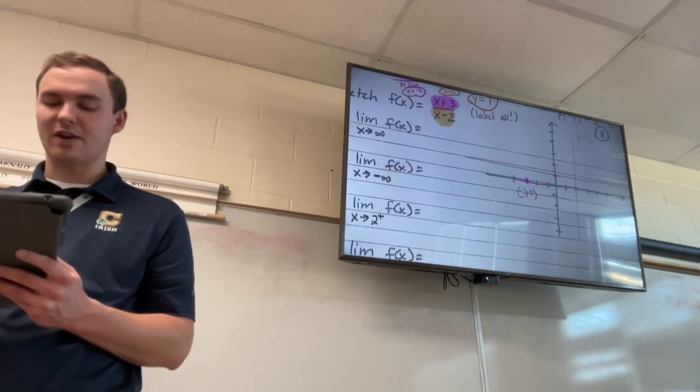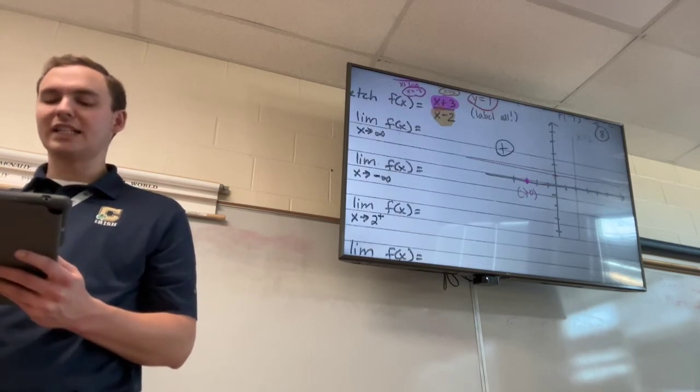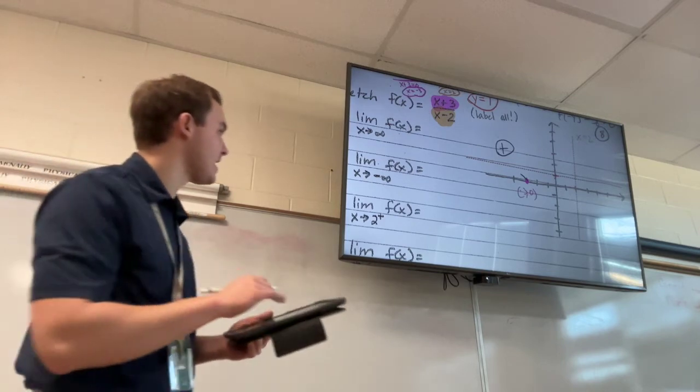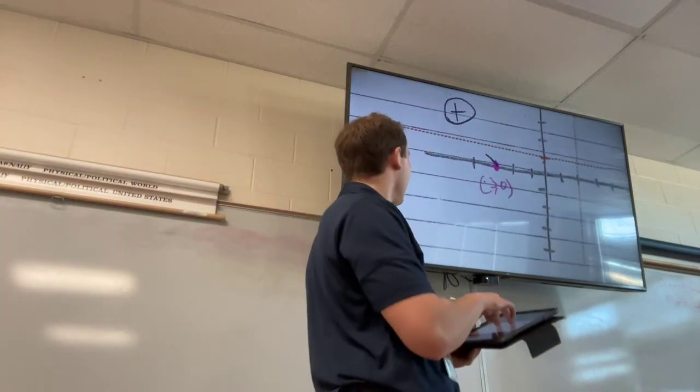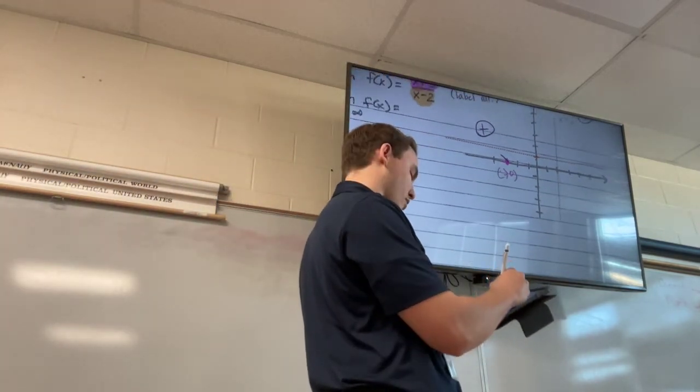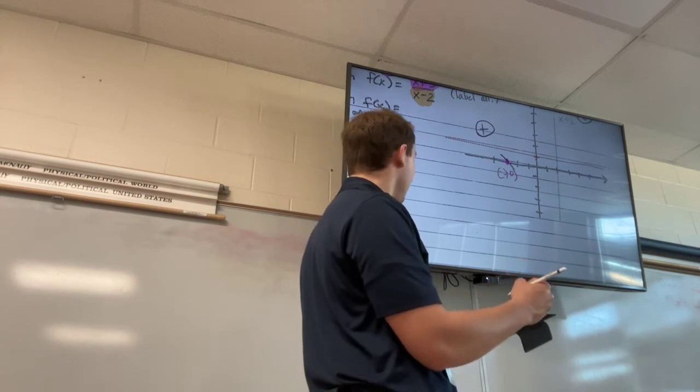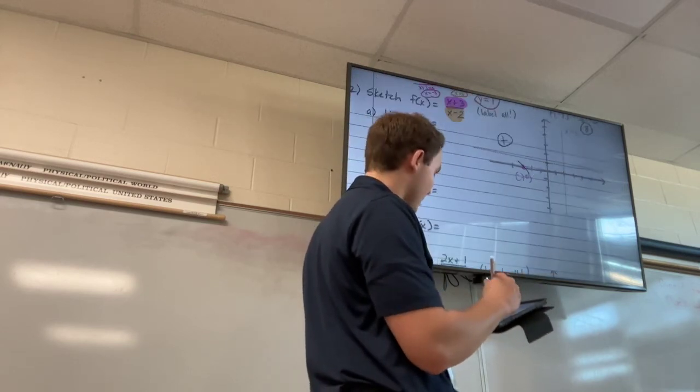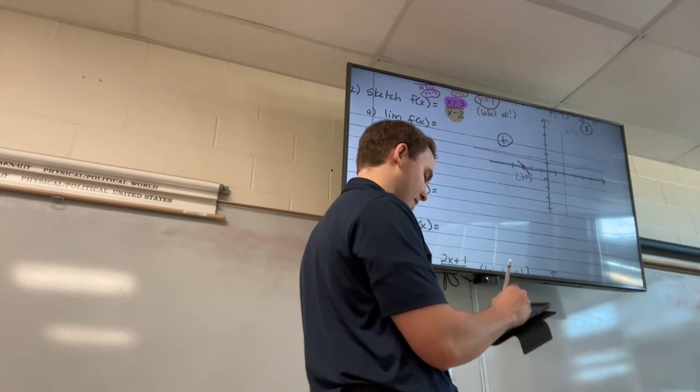So I'm going to be positive over here, but I'm going to cross that pink 0 from above, going through it top to bottom. And I'm going to be negative in this region.